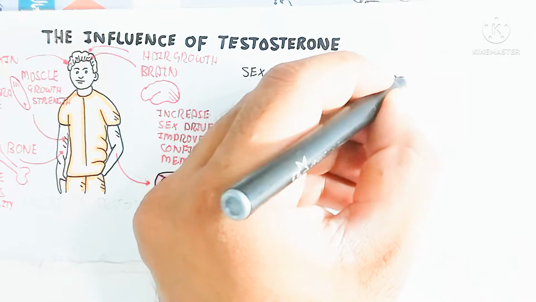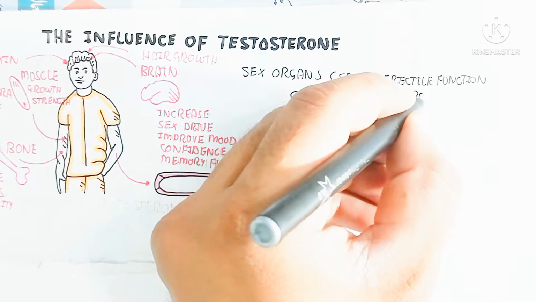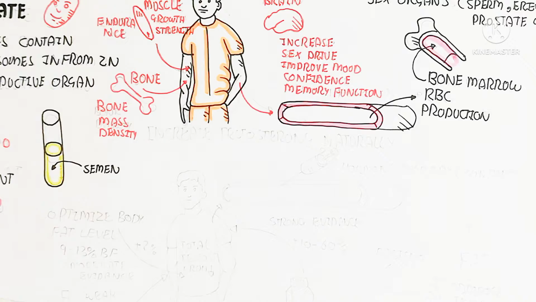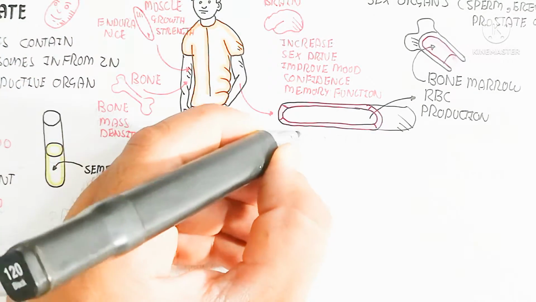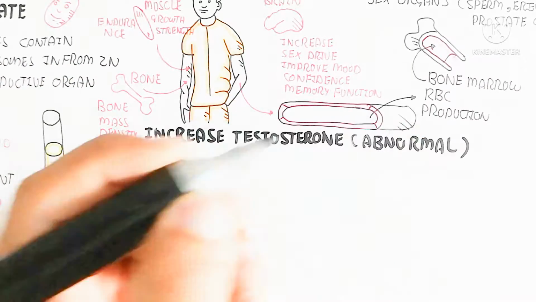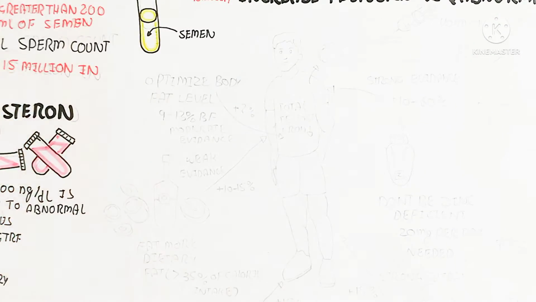The seminal vesicle and prostate gland will produce the semen, and more than 70% is semen, which is used for sperm movement.